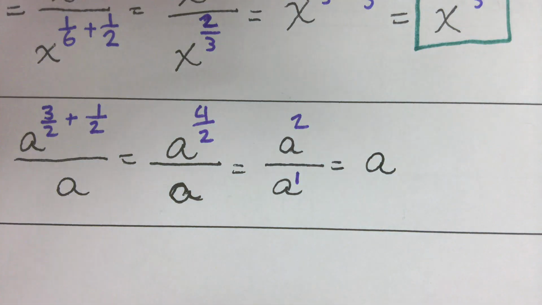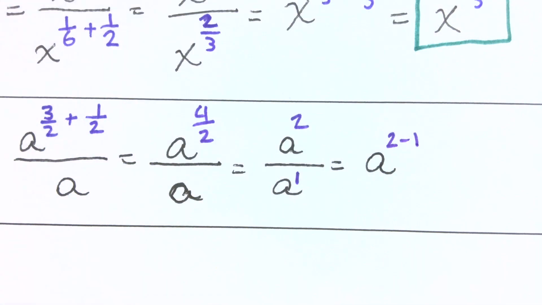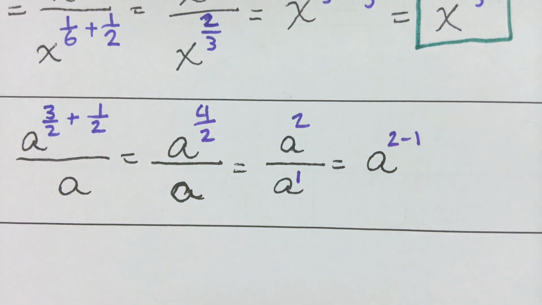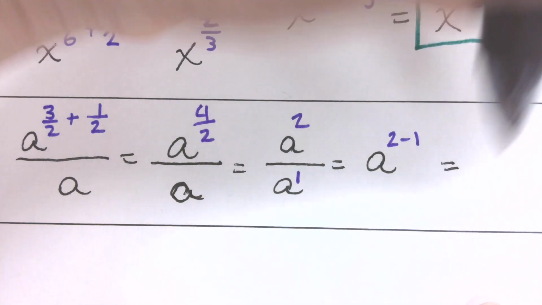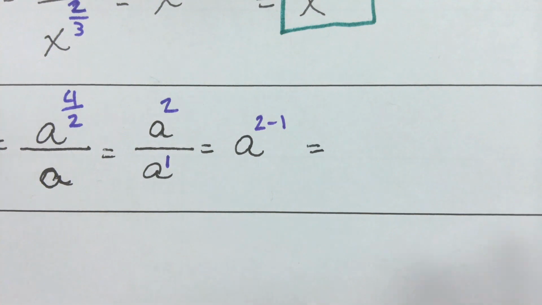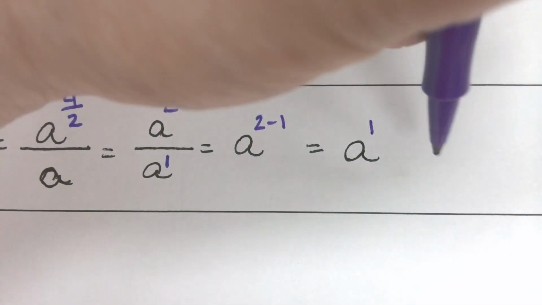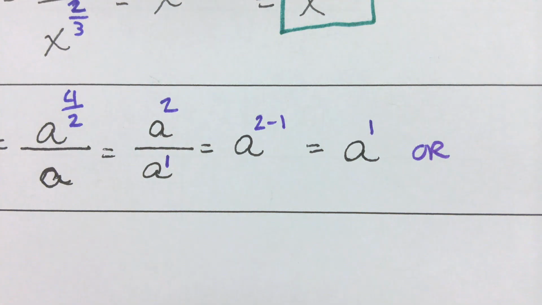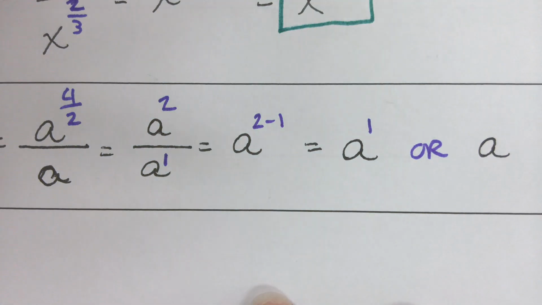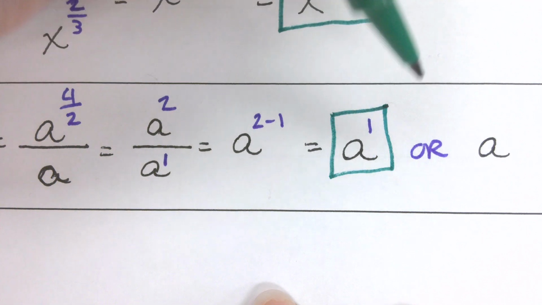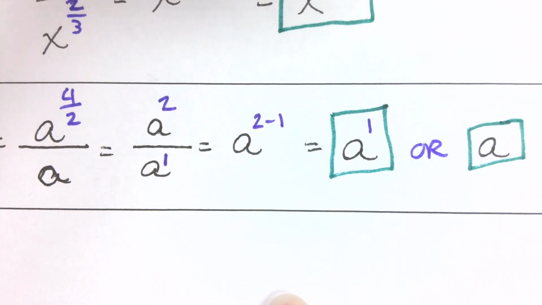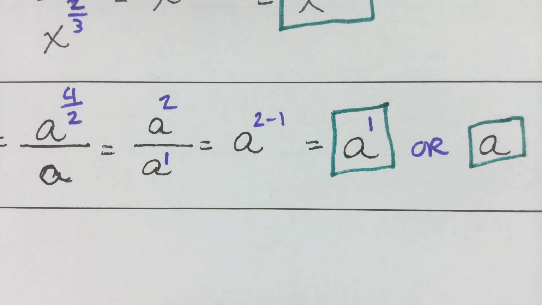So we get A to the 2 minus 1. Dividing will subtract the exponents. And lastly, 2 minus 1 is just 1. This is A to the 1st. Or you can always drop the 1 and just say A. There you have it.